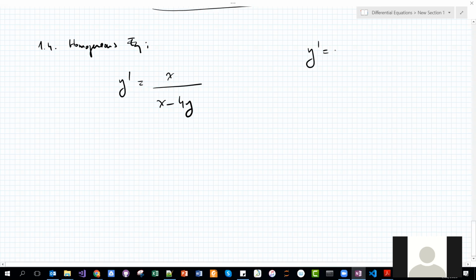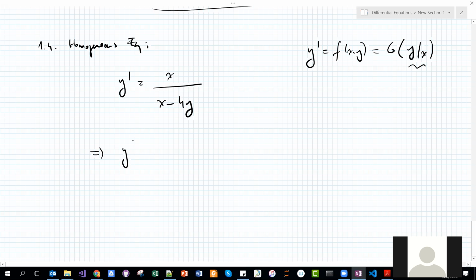When you are given the y prime, of course, you should have a function on the right-hand side. But if you can write the right-hand side as a function of the y over x ratio, that's going to be the homogeneous equation. If it is homogeneous, I can use a substitution to solve this problem. But first of all, I need to see if I can write this equation with respect to y over x terms.